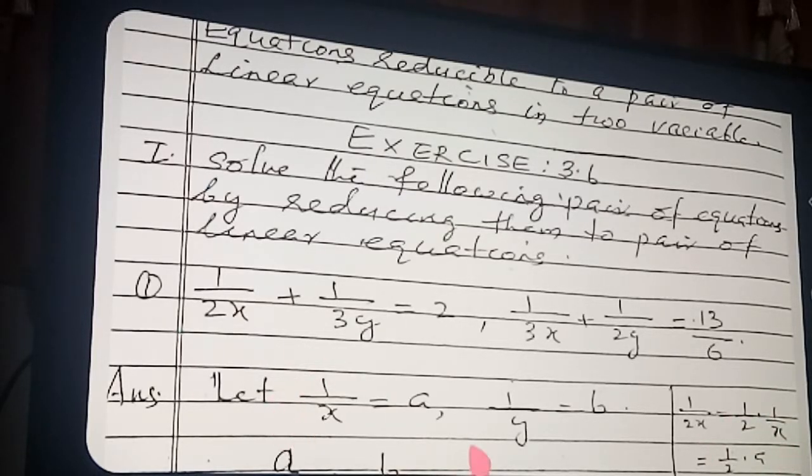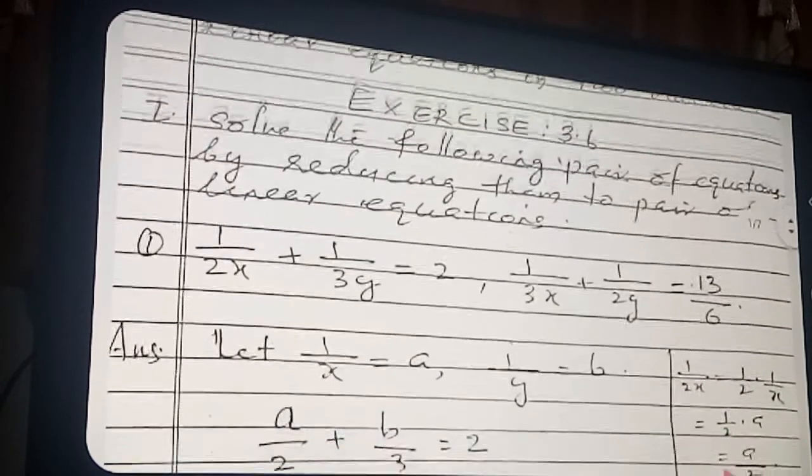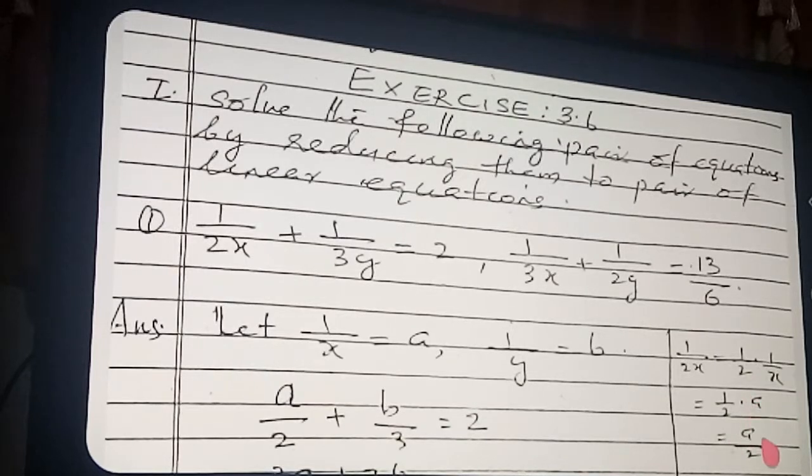If we take only x as a, it is again not a linear equation. Therefore you take the whole term 1 by x as a. So 1 by x is equal to a and 1 by y is equal to b. Then you get 1 by 2 into a, which you can write as a by 2. Clear? Now the degree of a is 1, so we get the linear equation format.